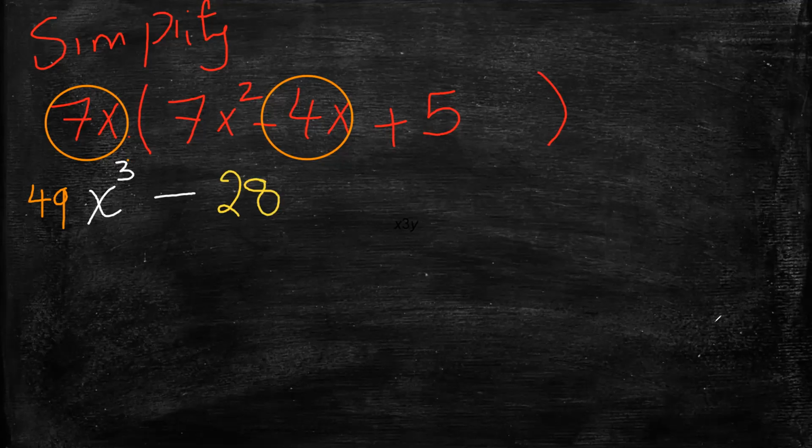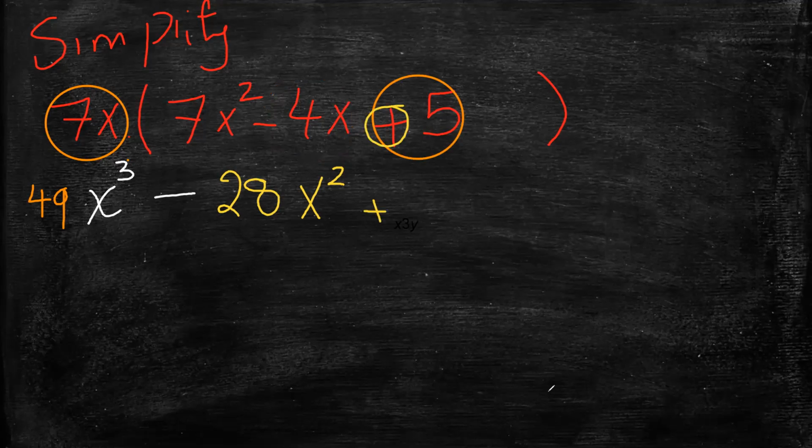Then x times x, which is x squared. After I finish, I will multiply 7x with 5. So 7 times 5, plus, because here we have a plus sign, 35x. This is how we can multiply a monomial with a polynomial.